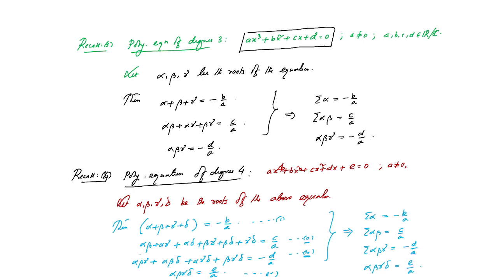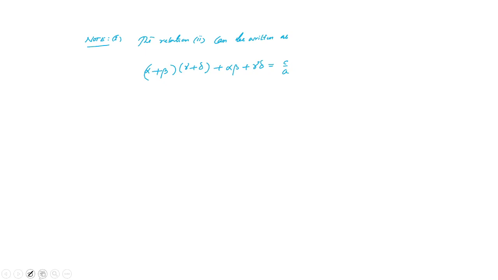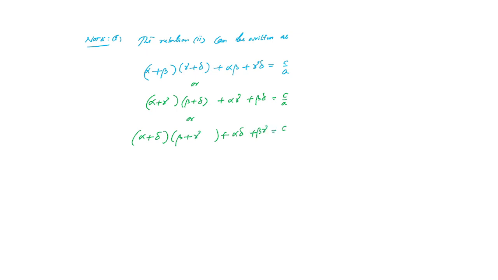Just see this relation, from that we can write this. Or you can write (alpha plus gamma) into (beta plus delta) plus alpha gamma plus beta delta, that is also c by a. Or, for taking advantage in calculation, (alpha plus delta) into (beta plus gamma) plus alpha delta plus beta gamma. So this is also c by a.